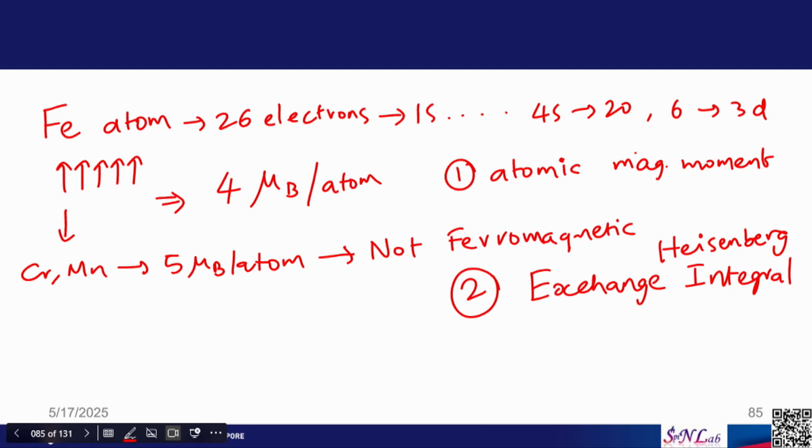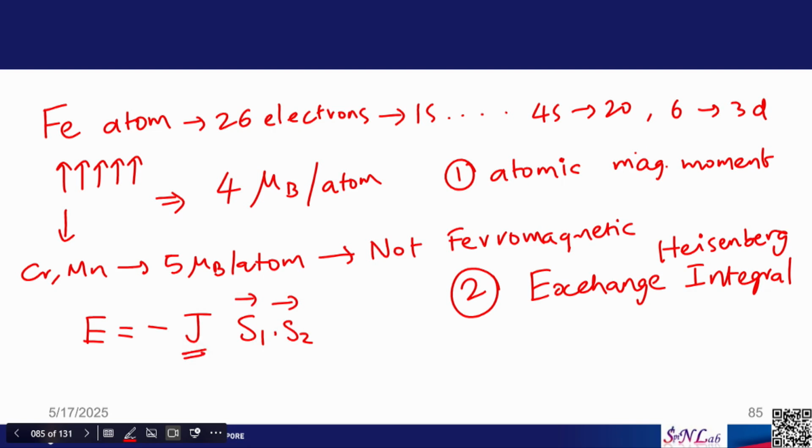So, Heisenberg proposed that when you have a system, the energy between two spins will depend on the exchange integral J. Okay.